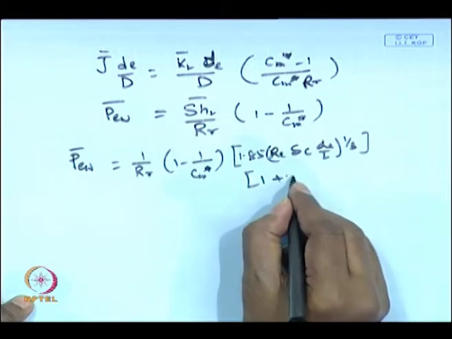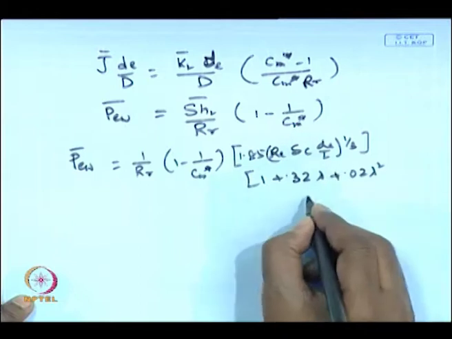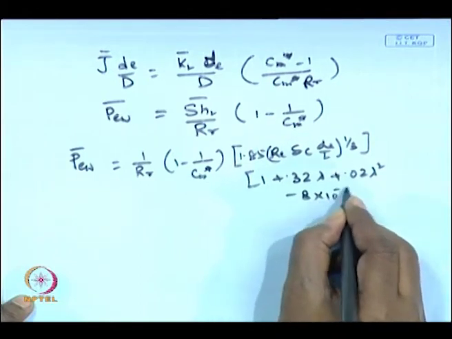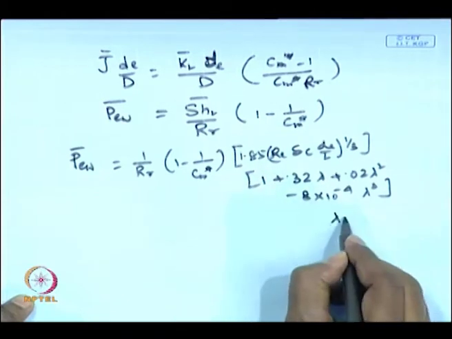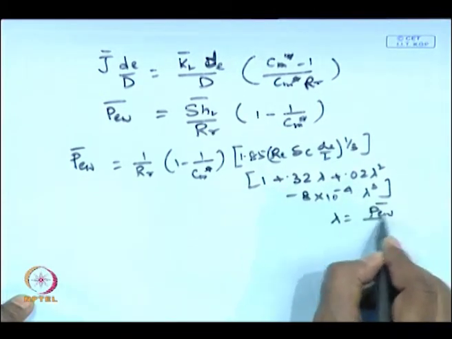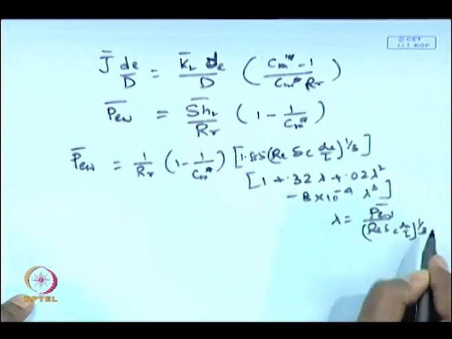0.32 lambda plus 0.02 lambda square minus 8 into 10 to the power minus 4 lambda cube, lambda being a number which will be nothing but PW bar divided by Reynolds-Smith d by L raised to the power 1 upon 3.